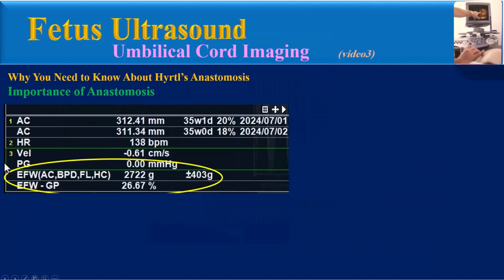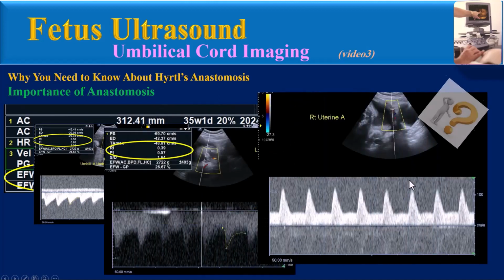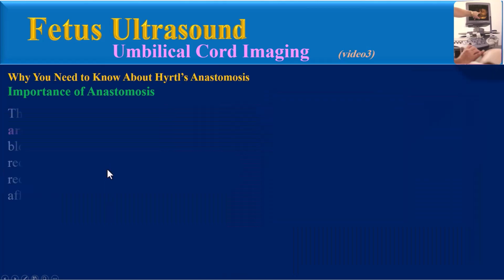In a fetus with body weight appropriate for gestational age and normal color Doppler studies in all arteries, why is there an abnormal high resistance flow only in one uterine artery? The answer is here.